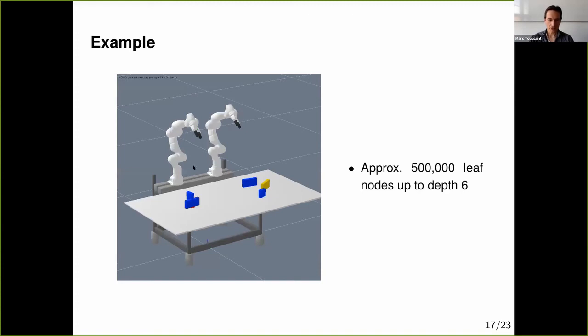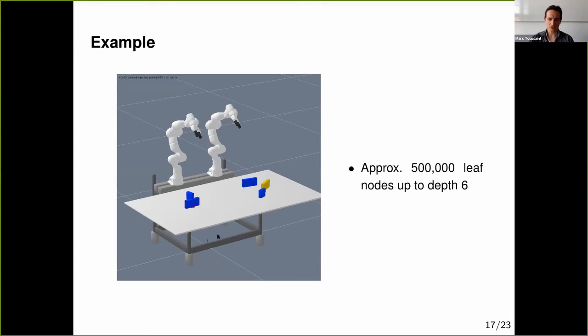Just as an example, the kind of test example that Danny uses in that paper is things like this, where there might be multiple objects, and it's a simple task where this object has to end up on that red spot over here. But in order for that object to end up at the red spot, you first have to remove the blue block. It's a typical task and motion planning problem, right?